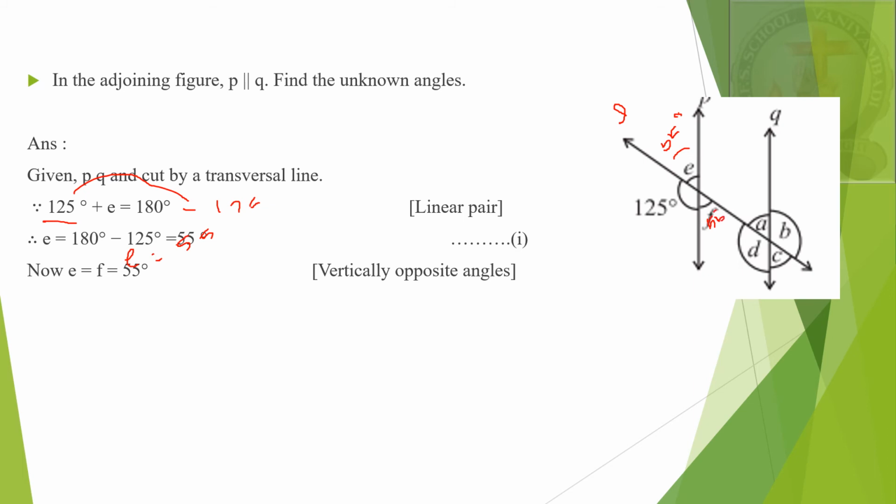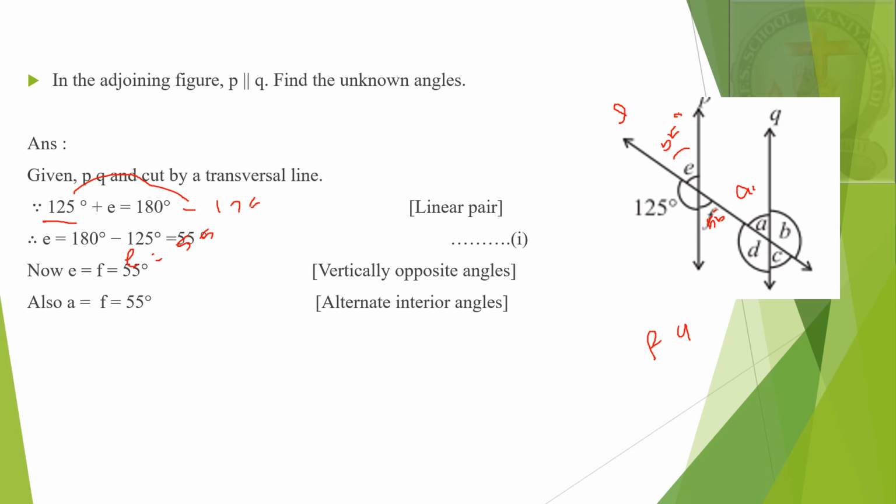Now you can see angle F and angle A are inside the parallel lines and opposite to each other, so angle A and angle F are alternate interior angles. Since they are alternate interior angles, they are equal in measure. Now angle A is also 55 degrees, children.